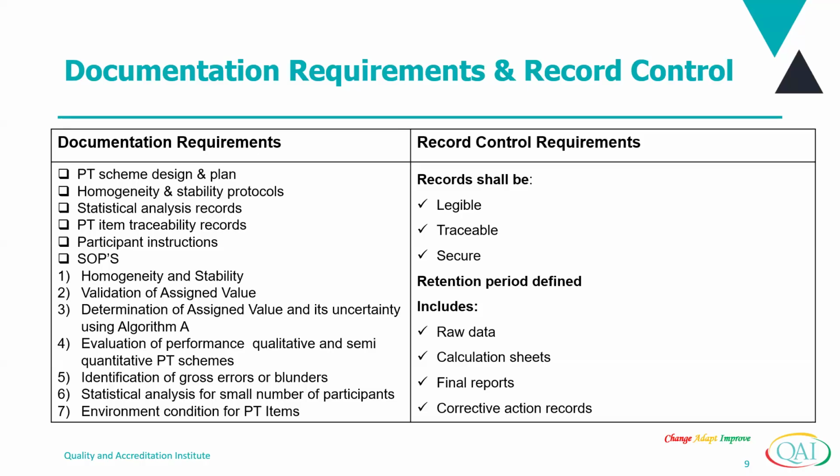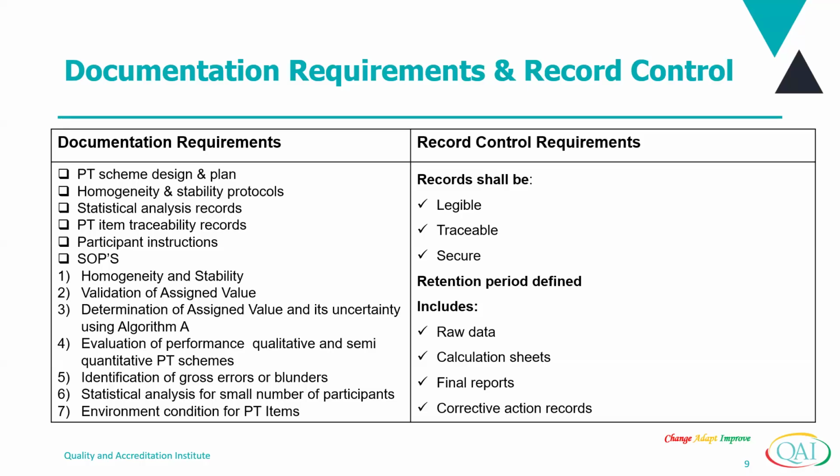In addition to that, there are some SOPs we have identified. It could be 7 or maybe more than that, but at least we identified that these SOPs are required for the calculation of the statistical analysis of the PT schemes. Like the first one, homogeneity and stability.